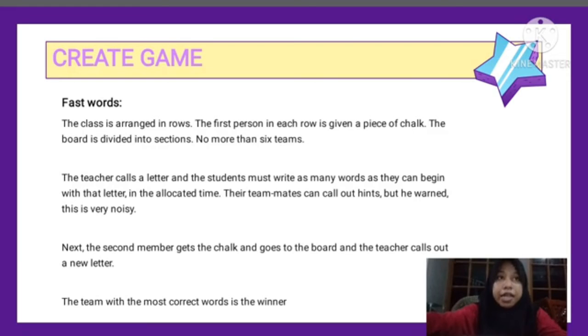In the allocated time, their teammates can call out hints. Next, the second member gets the chalk and goes to the board, and the teacher calls out a new letter.